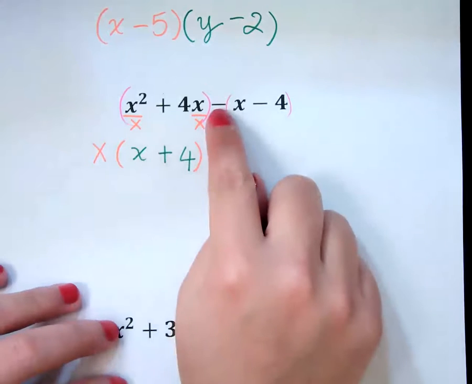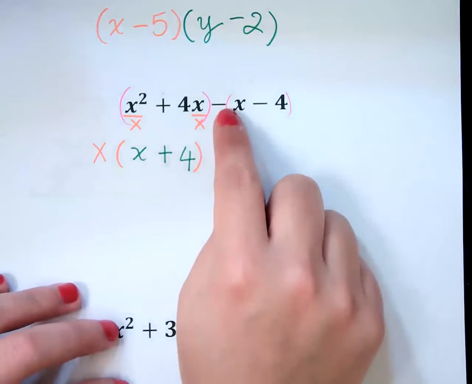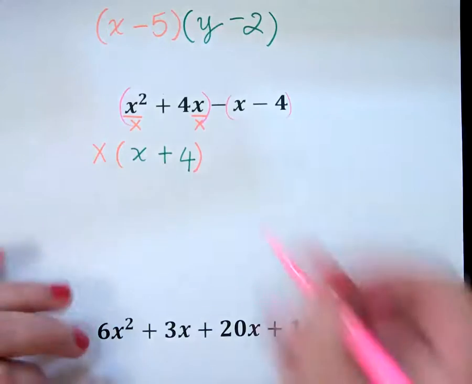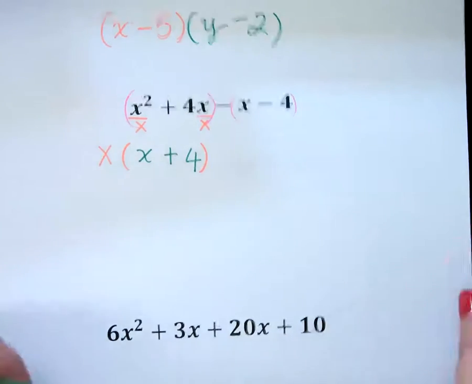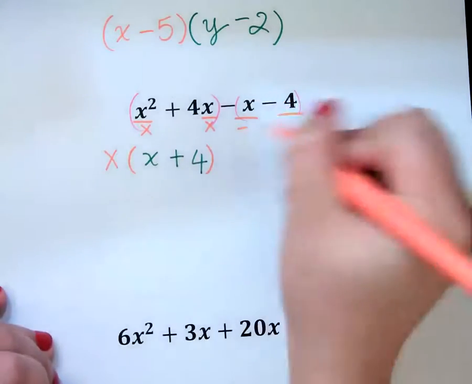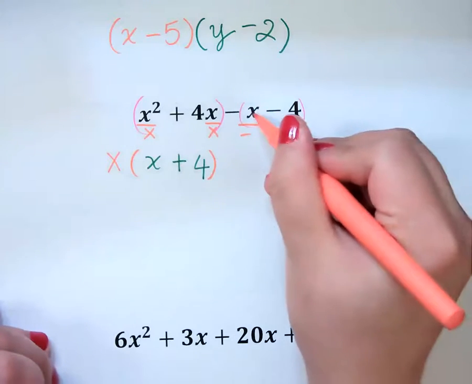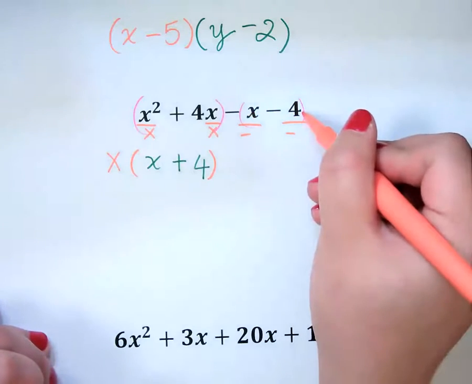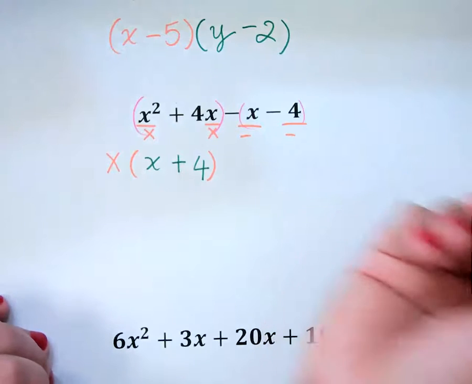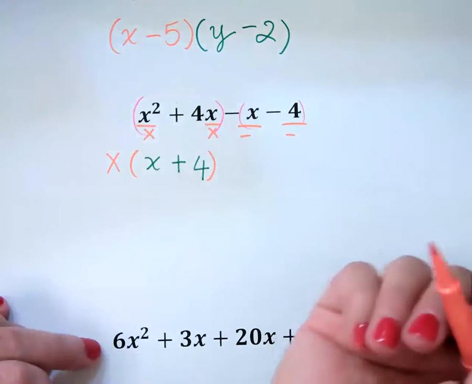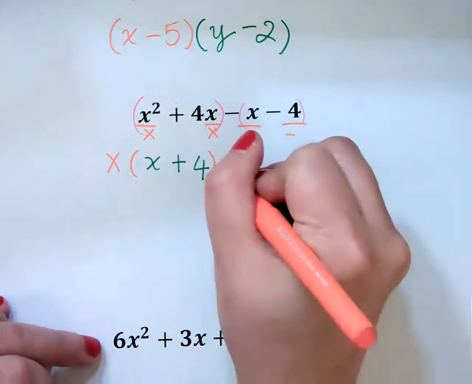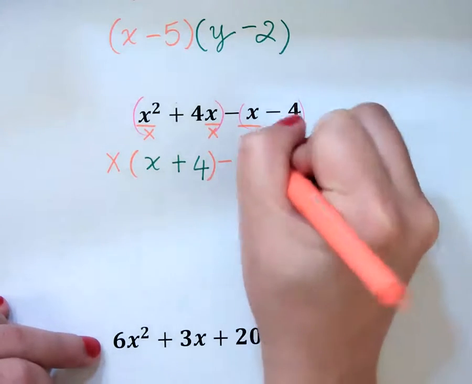Now the second pair. Since there is a minus or a subtraction between, we have to factor out the negative as well. So let's factor out the negative on each of them. Here we have negative x and negative 4. They don't have anything in common, and the only number they can factor out is 1, so we can just write out a minus 1 like that.